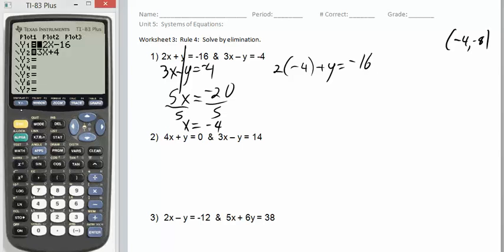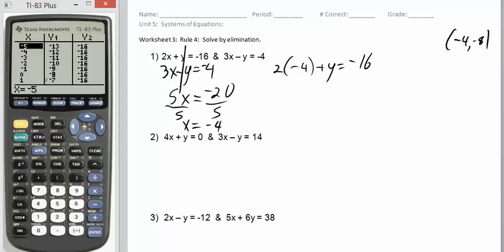And remember, if we really wanted to, we could go into our calculator and we could just plug this in. 2 times negative 4 plus y equals negative 16. And we look for where these two are the same, and that's going to be our answer. So it's going to be at negative 8, which is what we already knew.